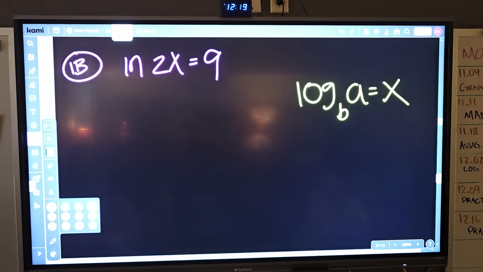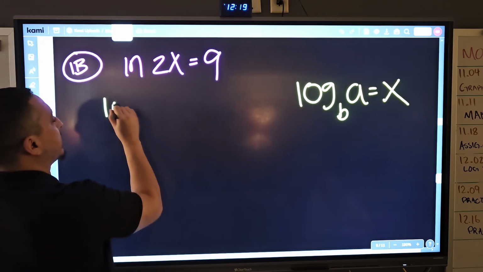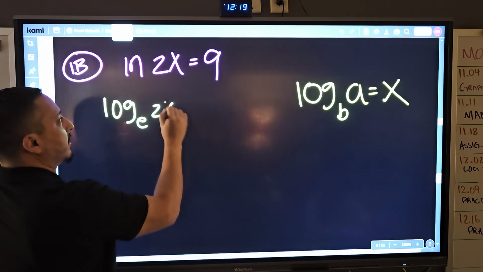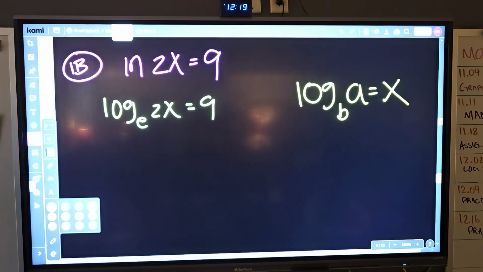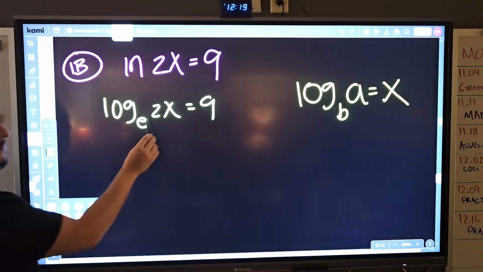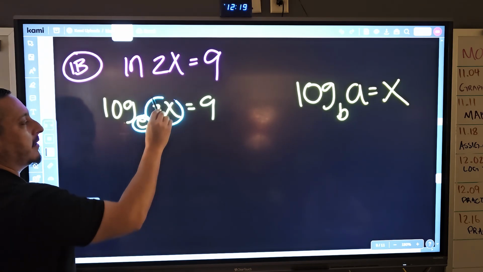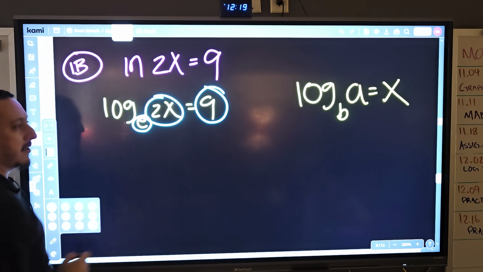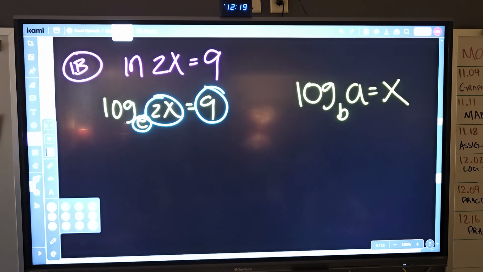It's in disguise, right? Because what does ln really mean? Log base e, right? So it's in disguise. That's the costume. Now is it in that form? Yes. This is your b, that's your a, and that's your x. I know it doesn't have parentheses, but they're together because they're multiplying.